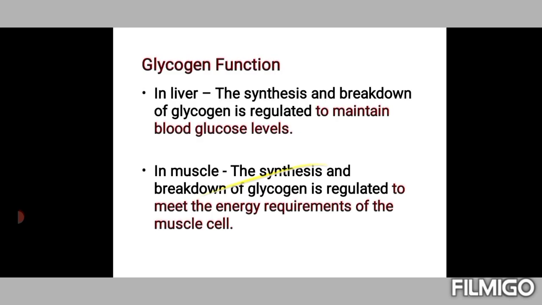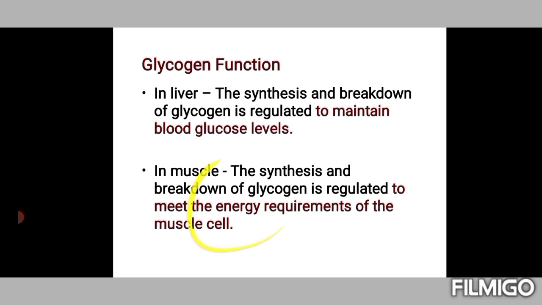Glycogen function. Now, function obviously in liver and muscle has slightly different aspects. In liver, the synthesis and breakdown of glycogen is regulated to maintain blood glucose level. So the glycogen stored in liver is actually distributed throughout the body when it is broken down to glucose.